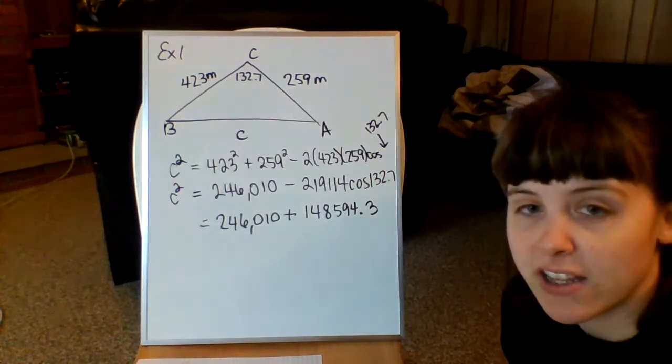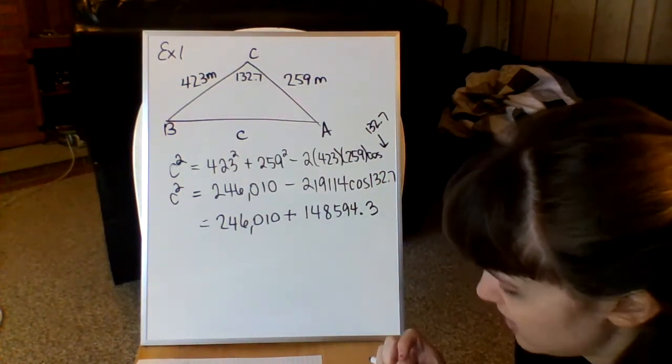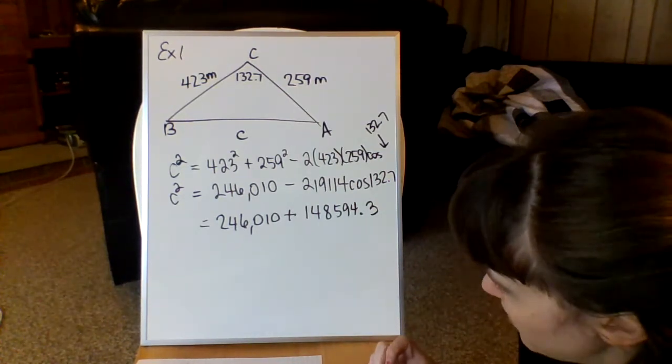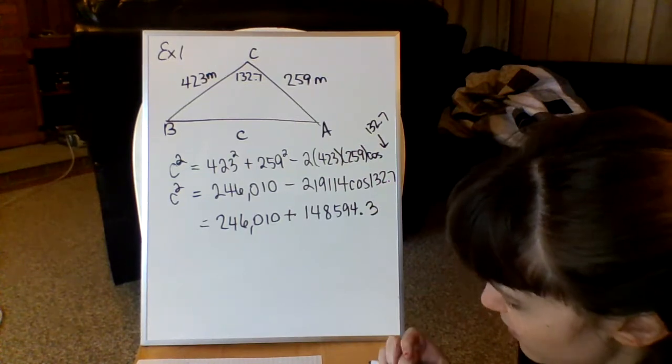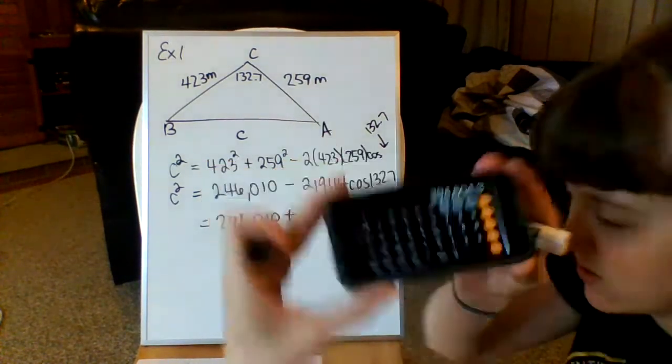Okay, so we're going to add those two numbers together. So 246,010 plus 148,594.3 and that equals this number.